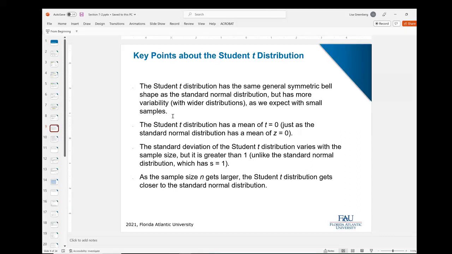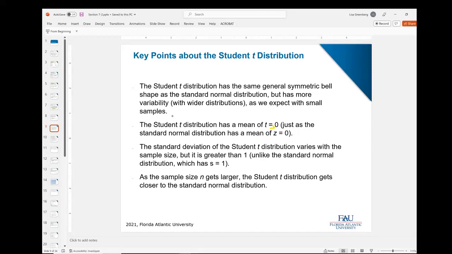The student t distribution has a mean of t equals 0, just like our standard normal had z equals 0. That was the middle, right? The standard deviation of the student t distribution varies with the sample size, but is greater than 1. Because remember, with a standard normal distribution, our mean is 0 and our standard deviation is 1.